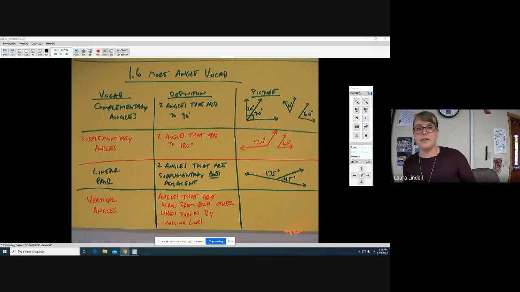They are not adjacent, so they're not touching at all except for the vertex. That's the only thing they have in common is the vertex.